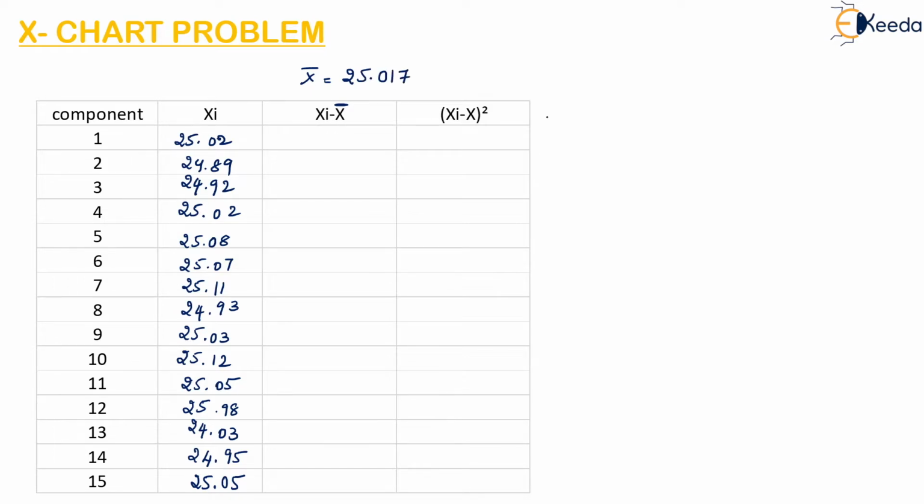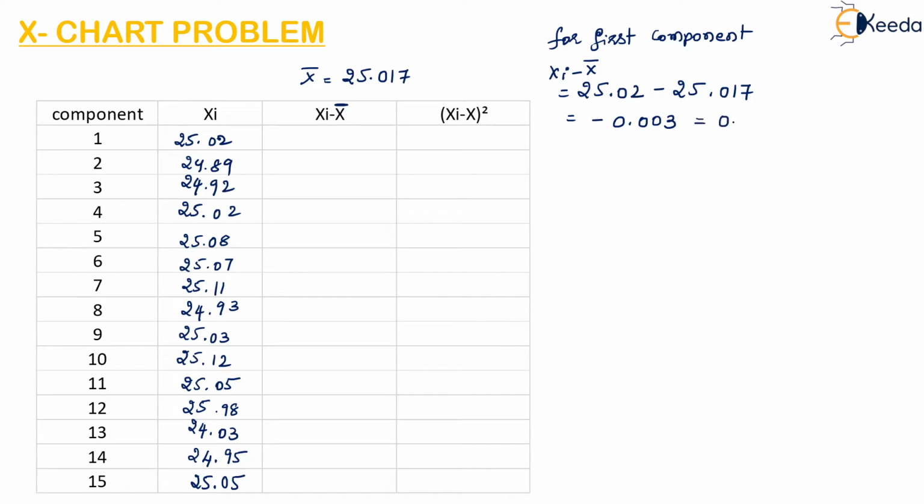So xi minus X bar for the first component is 25.02 minus 25.017, which gives us 0.003. Squaring this gives 0.000009.